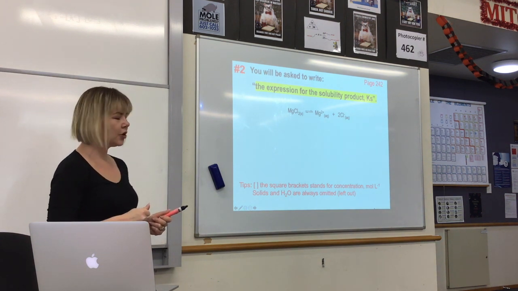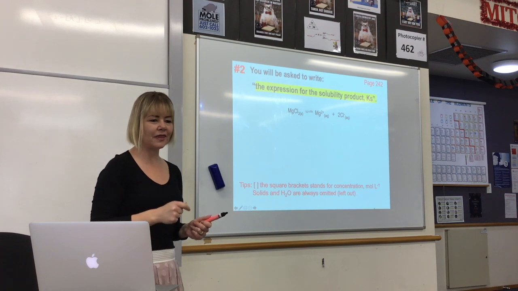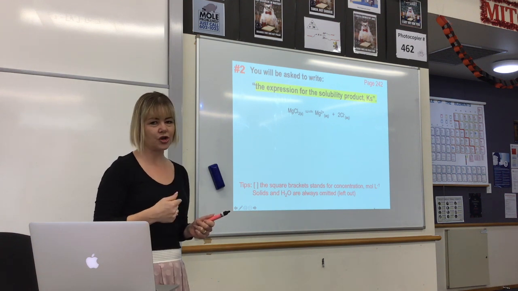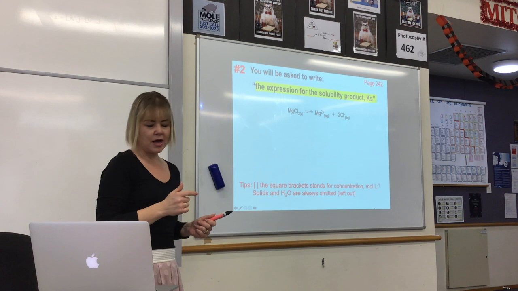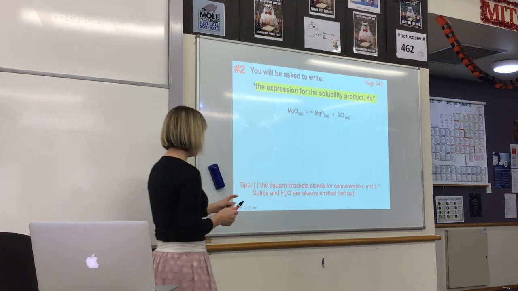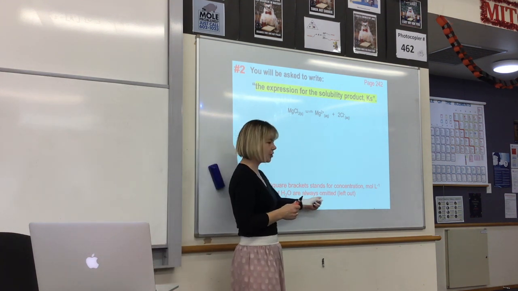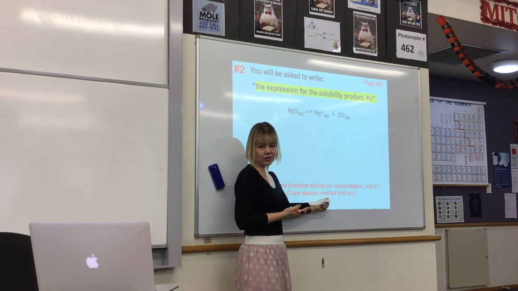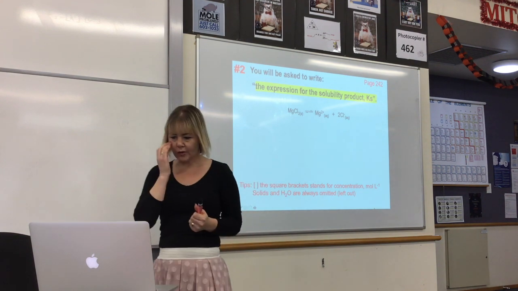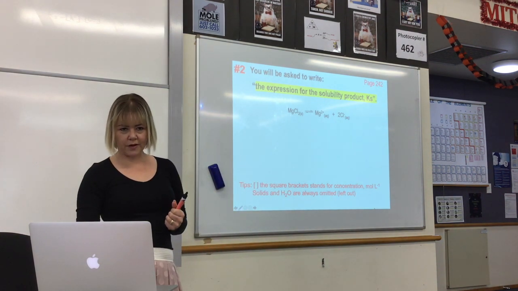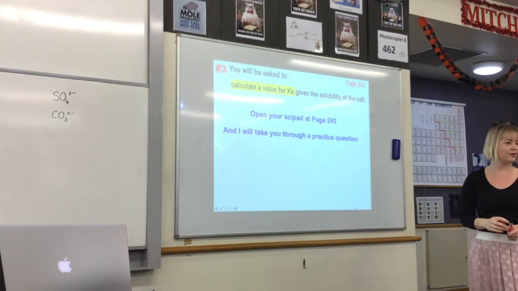The problem that you will find is every now and then they give you grams per litre, and I'll show you how you do the conversion. And I've said there, solids and water are always omitted. Leave them out. So, if you want to pause that video there, Selena.